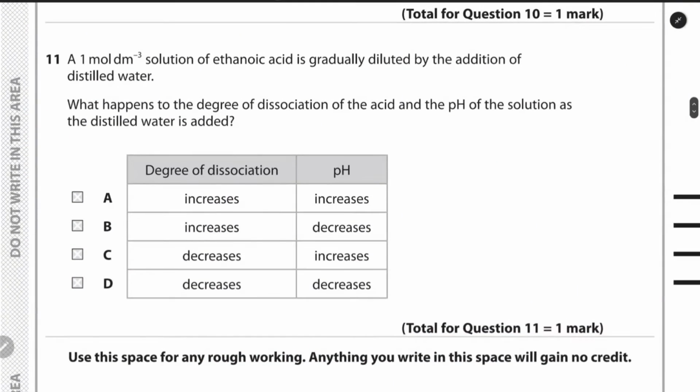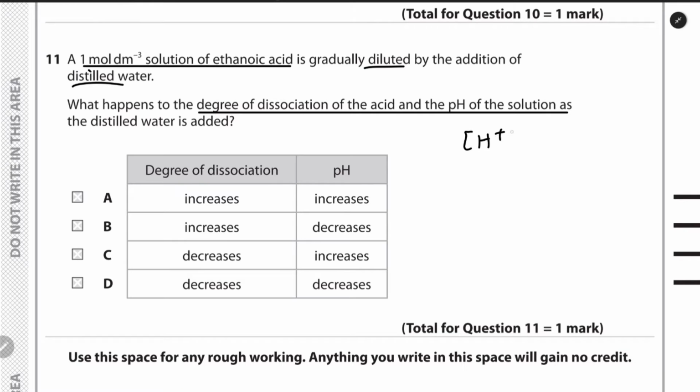Now on to question 11. We are told that a 1 mole per dm cube solution of ethanoic acid is diluted with distilled water. We have to talk about the degree of dissociation of the acid and the pH of the solution as the distilled water is added. As the distilled water is added, the concentration of H plus will decrease.